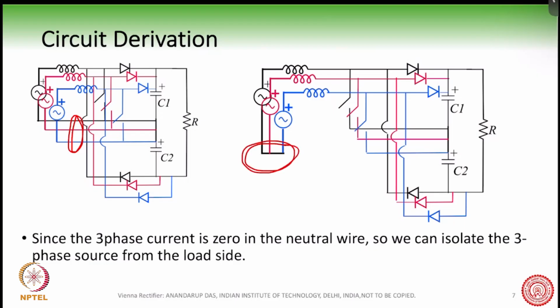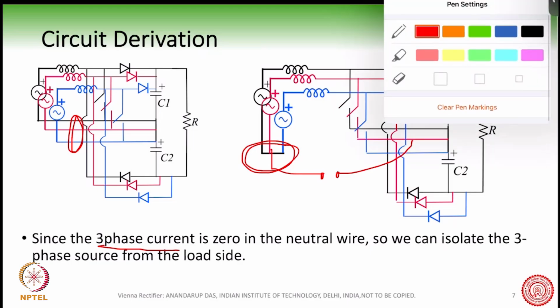Now the first step in simplification is that in a three-phase system, the sum of the three-phase currents is zero in the neutral wire. So this connection was connected to this point here, and we have now removed this connection.